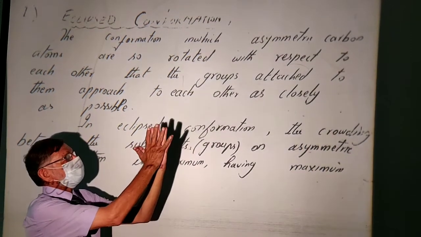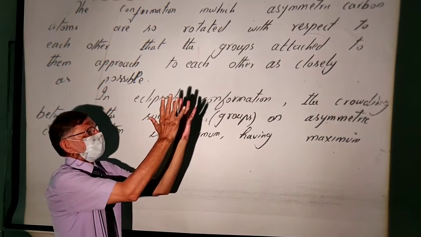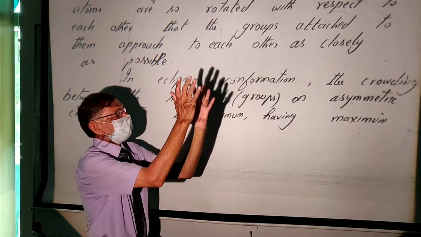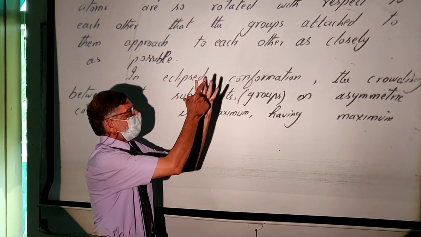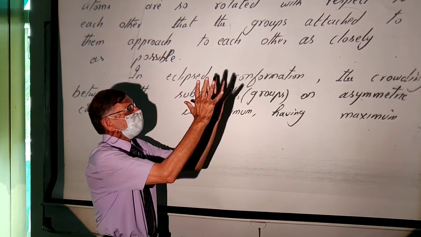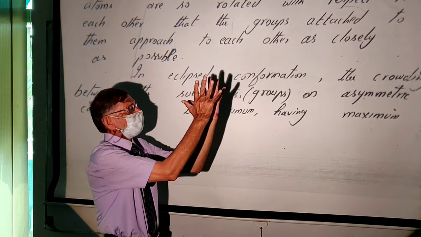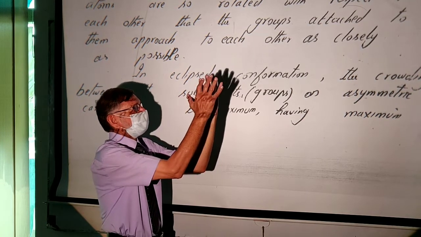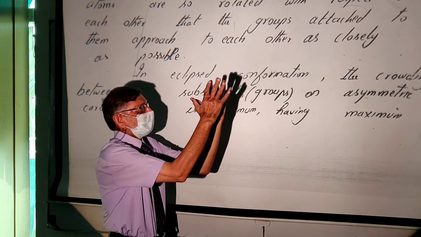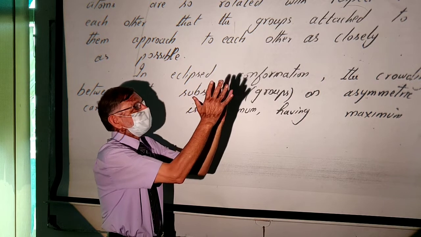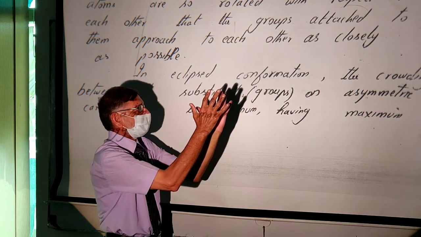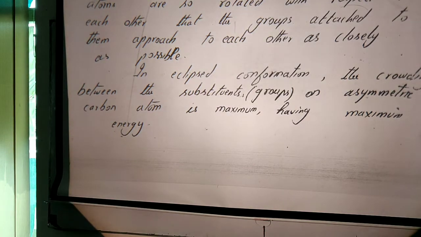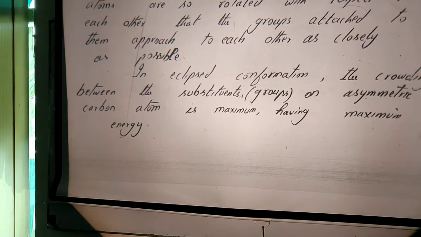This is the eclipsed form, and various ligands are attached to this carbon, and these ligands are close to each other. They keep on moving like this, and due to this there will be high energy in it, and the system will not be able to stay. So this is the eclipsed form.